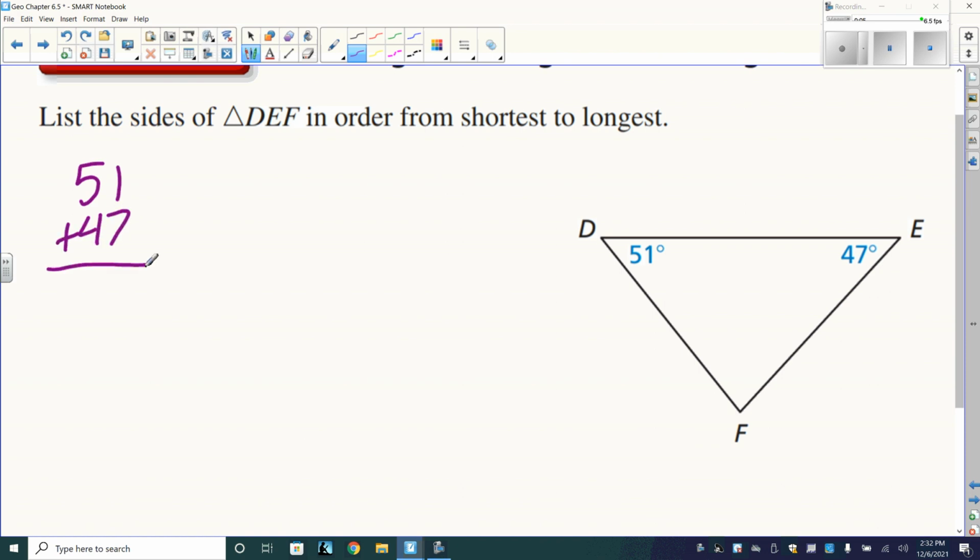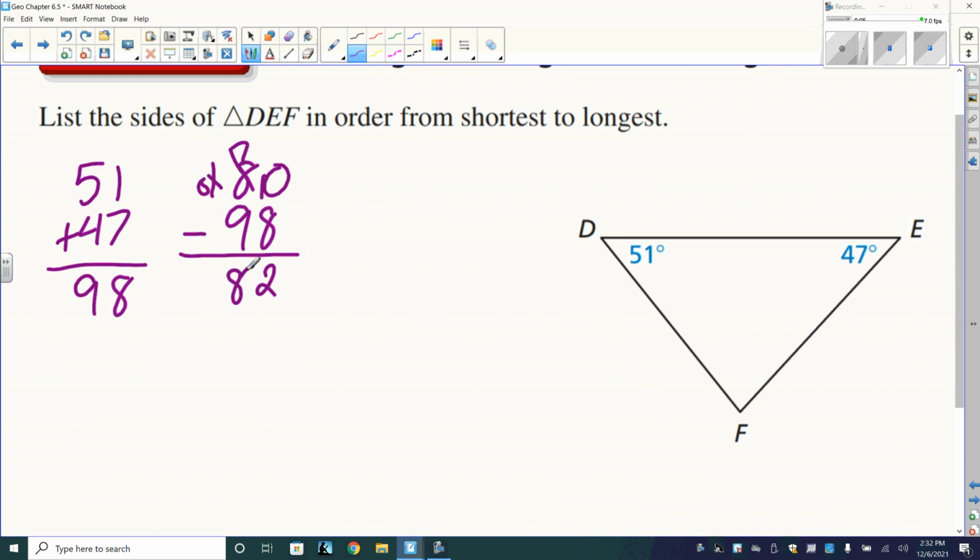And once we add them together, 1 and 7 is 8. 5 and 4 is 9, and once we add them together, we can subtract it from 180 to see what the value of the other angle is. And 180 minus 98, 7 and 10 is 2, 0. So the other angle would be 82 degrees.